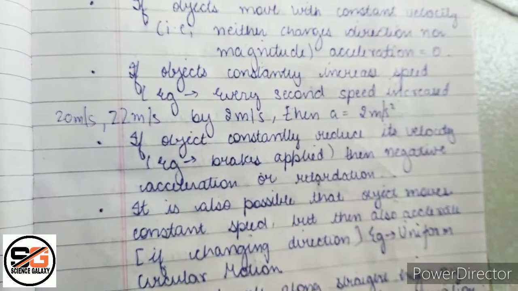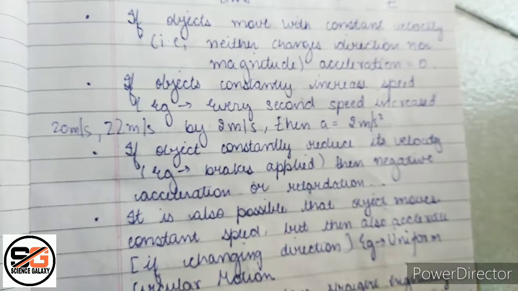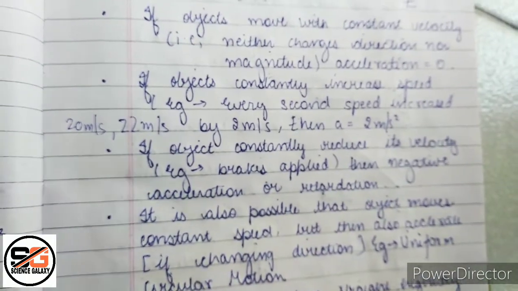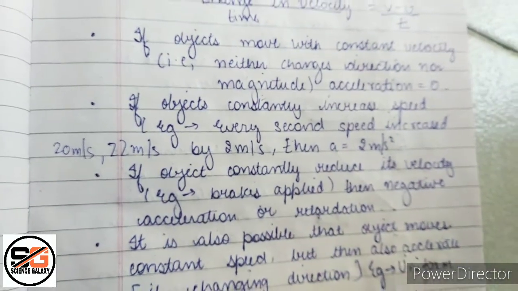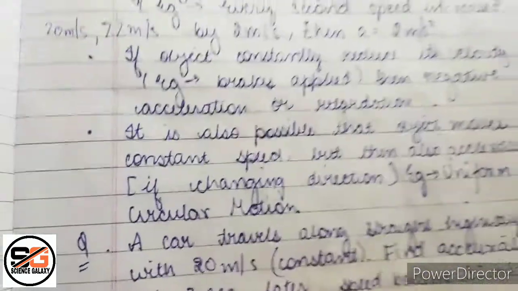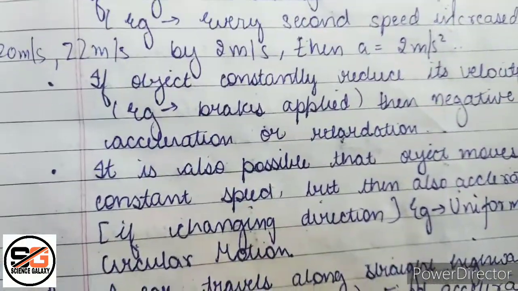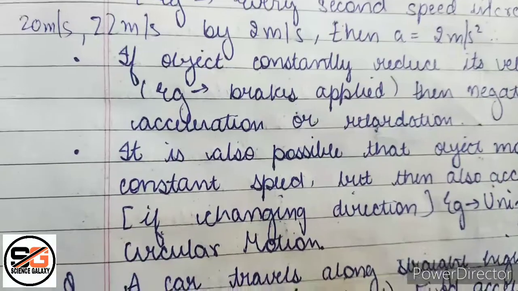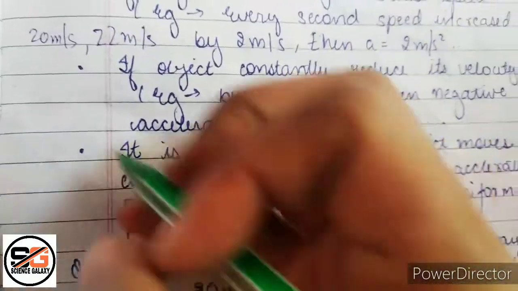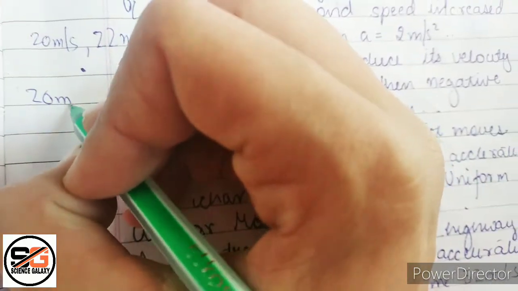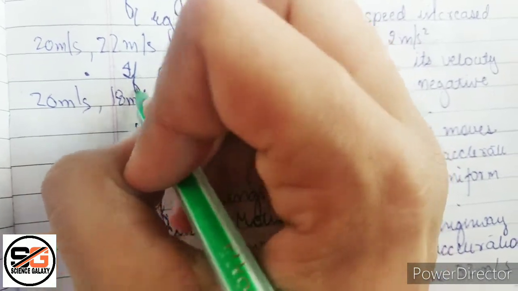If the object constantly increases its speed, that means every second the speed is increasing by a constant magnitude, then it is accelerating. If the object is constantly reducing its speed, for example 20 meters per second, then 18 meters per second, then 16 meters per second, it is reducing its speed every second by a constant magnitude.